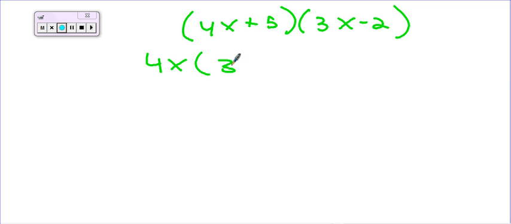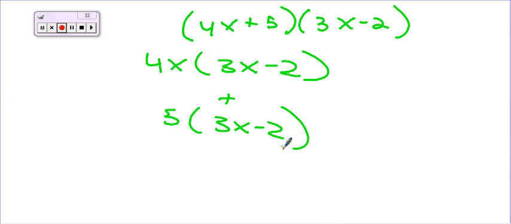So that's 4x times 3x minus 2 plus 5 times 3x minus 2. Notice all I did was break this out. I'm taking the 4x times the whole second polynomial using the distributive property, and 5 times everything in the second polynomial using the distributive property. Then I will combine all my information.